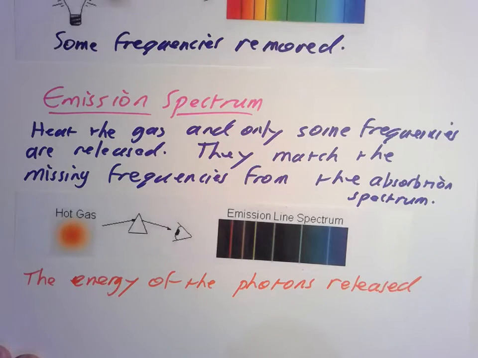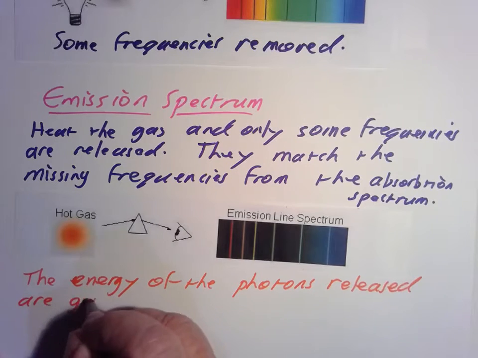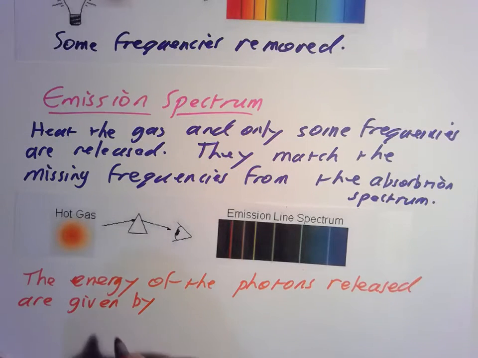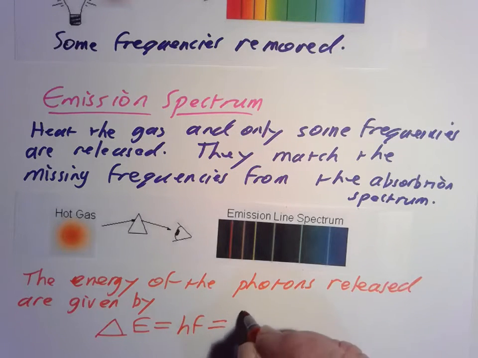So the energy of the photon released are given by, nothing new, delta E equals hf, so exactly the same as before, or hc on lambda.